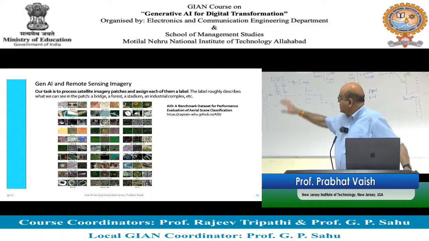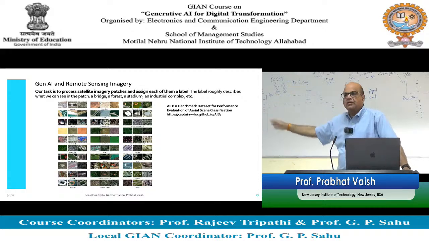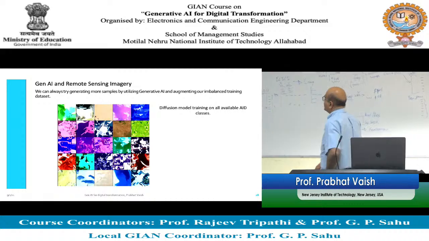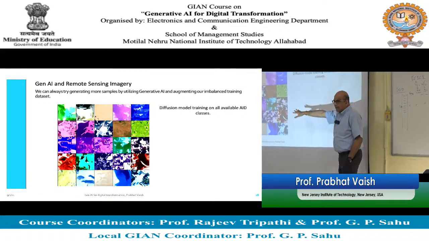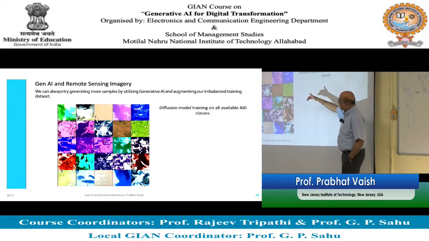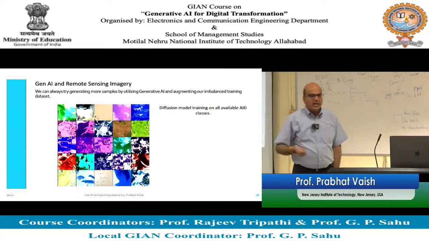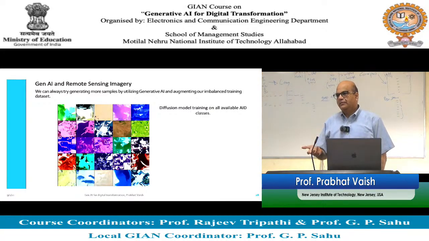So you can use this benchmark data set and the library to generate more imagery to train your model if you wish to. So what it is doing is diffusion model training on all available classes. Classes means the class of imagery that shows you one type of feature, and then using it to generate more data, right?